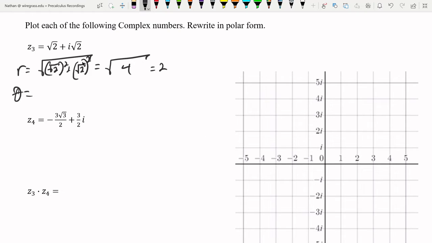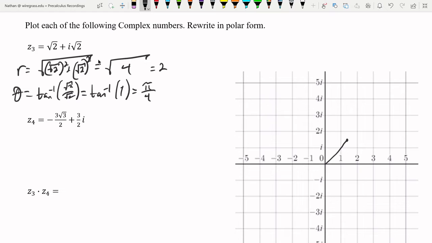And the angle, we know this is going to be in the first quadrant, root 2 over root 2. That's going to be something around here. It's going to be on a 45-degree angle, so we know this is going to end up being 45. If we do tangent inverse of root 2 over root 2, that's going to be tangent inverse of 1. And that happens at pi over 4.